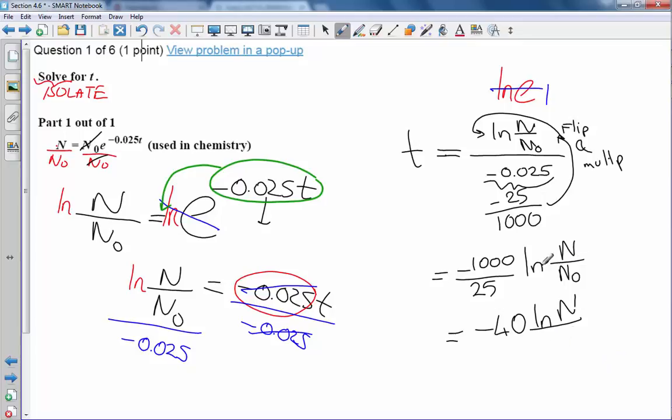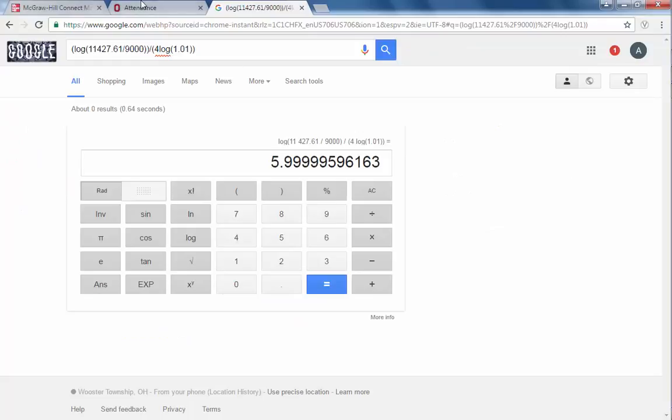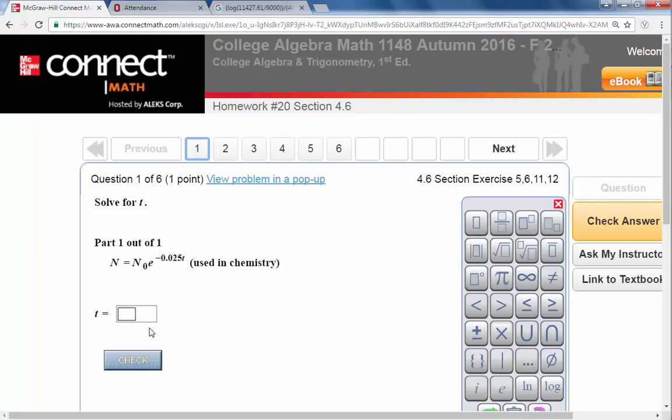The ratio is inside ln, not under covering ln. So back up. Just put the ratio under n. Alright, these two are together inside ln. So when you're typing in, be careful where you put your parentheses. Although you did everything right, because of that wrong parentheses, it may say incorrect. So it is minus 40 ln n over n0.